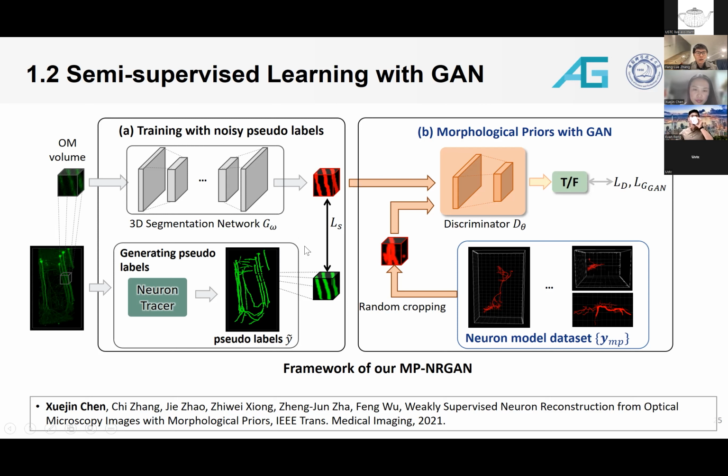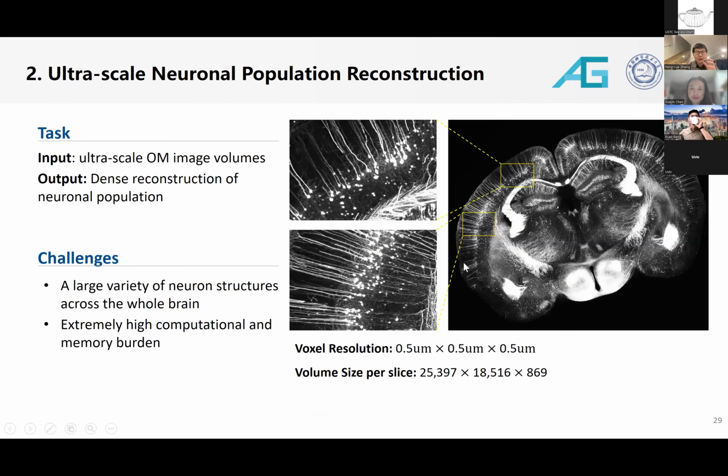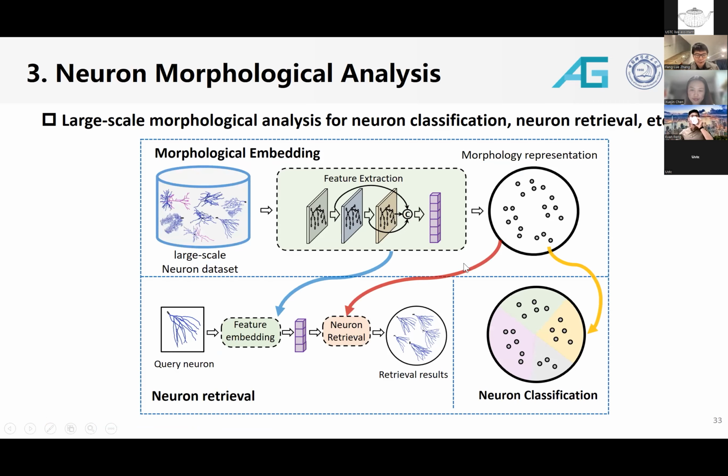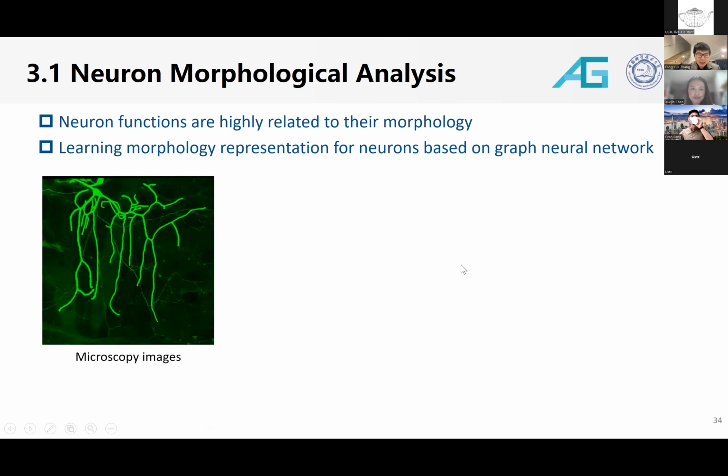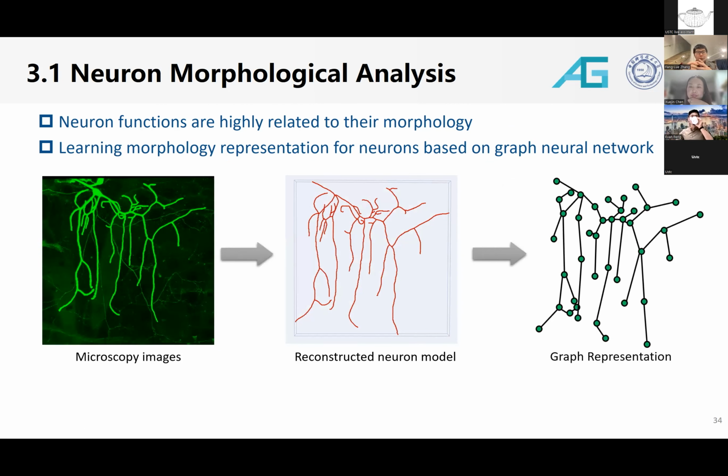Yeah. All right. Your work is actually very interesting. I have another question for you. For the morphological analysis on the neuron structure, you have a graphical model there, you build a graph here.